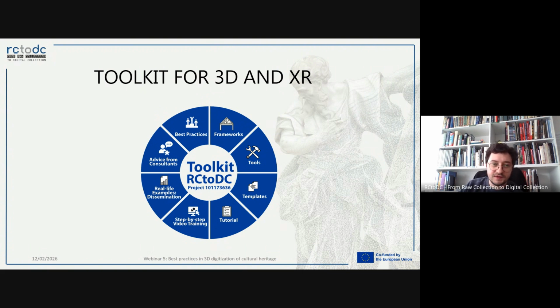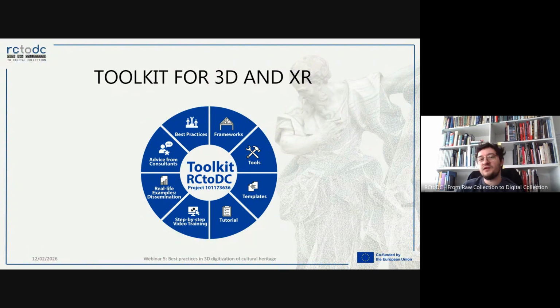With the rapid advancement of 3D scanning, photogrammetry, LiDAR, and also XR technologies, there is a growing need for accessible and practical tools that help cultural heritage institutions navigate the complex technical landscape of digitization. This toolkit is specifically designed to bridge the gap between technical requirements and practical implementation, offering modular resources that cater to institutions with different levels of expertise and technological capacity.